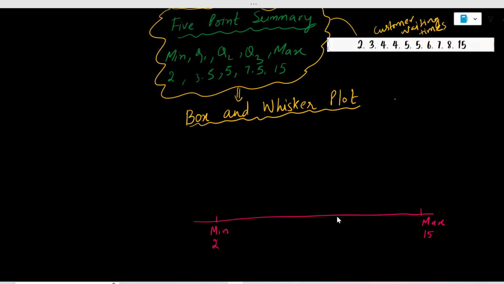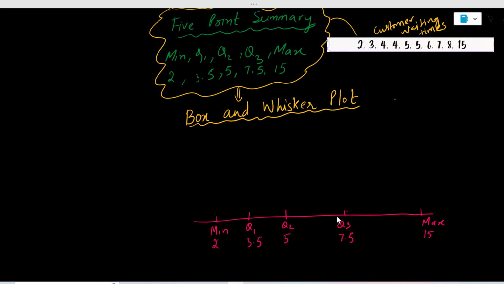Then we have Q1, which is 3.5, somewhere here. And then we have Q2, which is 5, and then we have Q3, which is 7.5. So we have marked all these values.